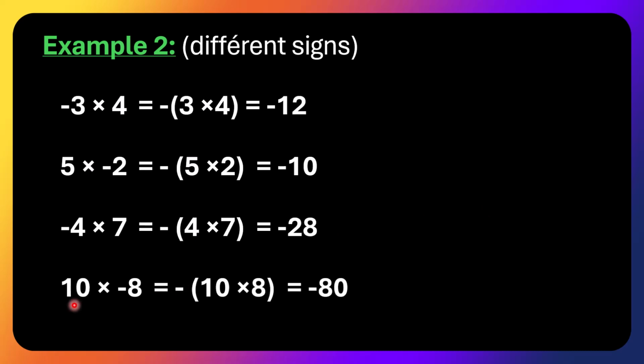And the last one, 10 multiplied by minus 8: 10 multiplied by 8, and the sign is negative because they have different signs, so the result is minus 80. So this is for example 1 and example 2. I hope that you understand the rule. It's simple, you just have to practice a little bit.